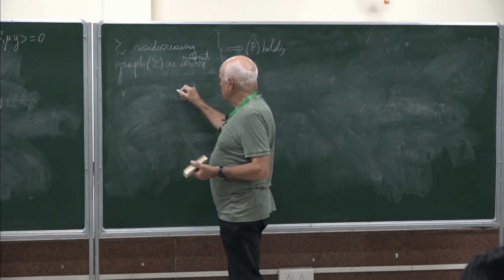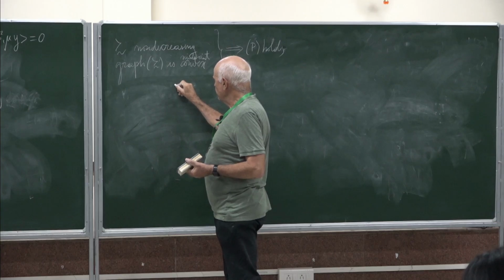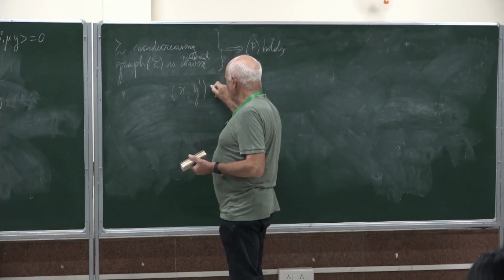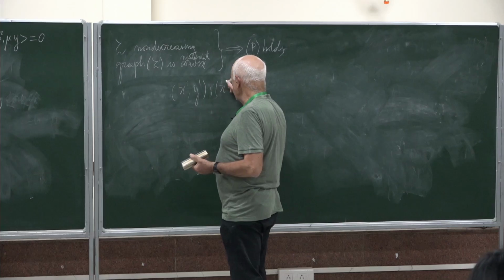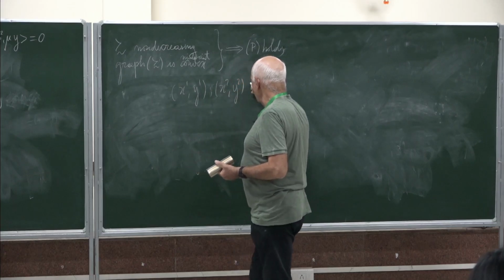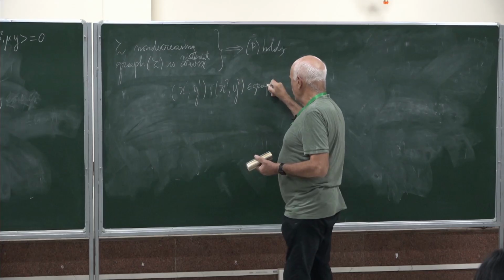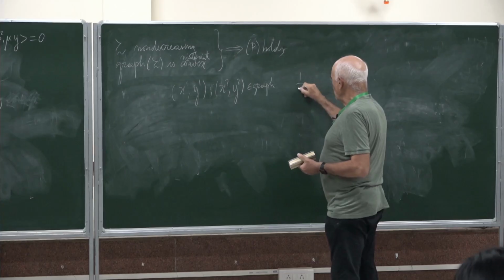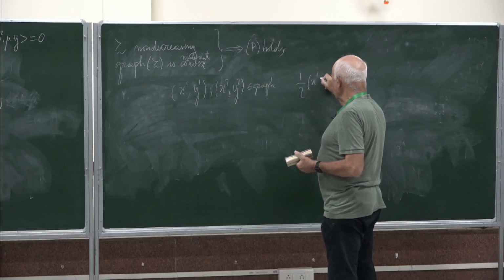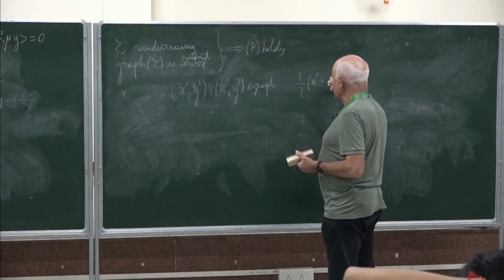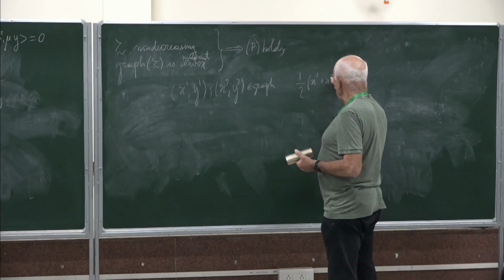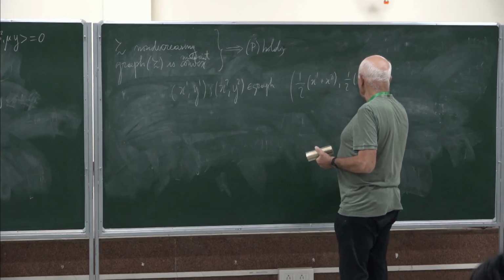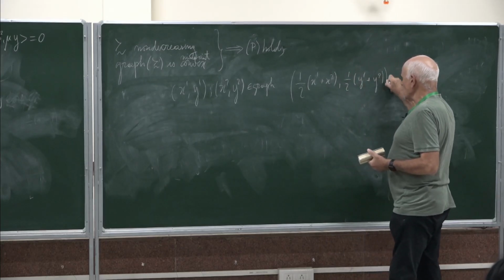means that if you have (x1, y1) in the graph and (x2, y2) in the graph, then (1/2 (x1 plus x2), 1/2 (y1 plus y2)) should also be in the graph.